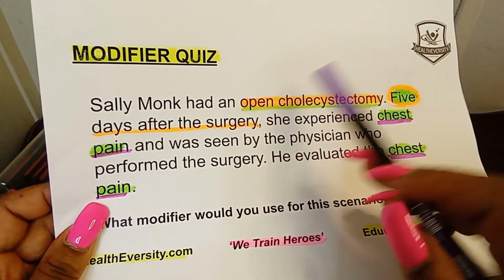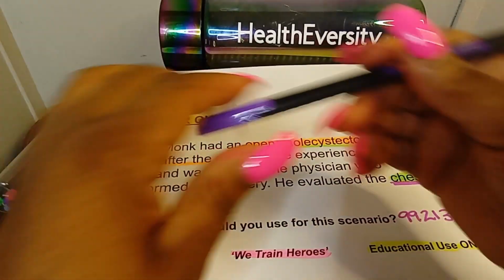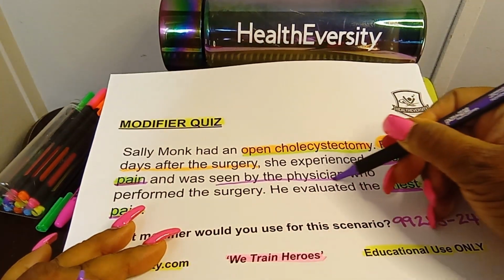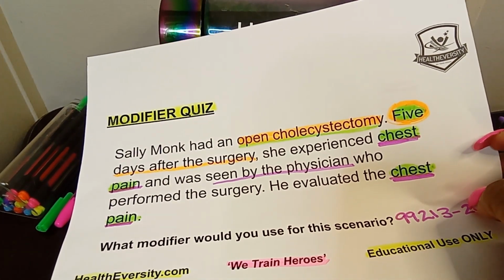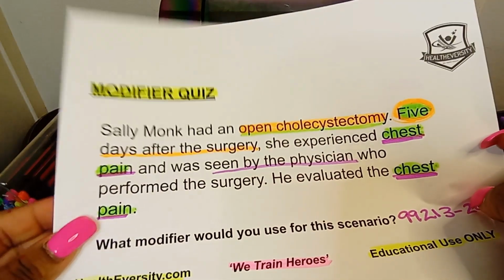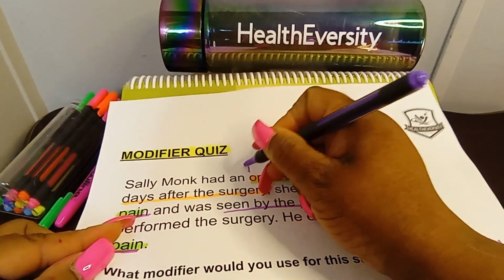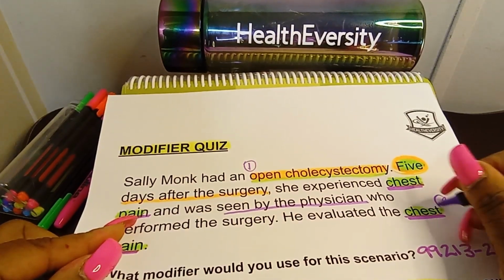So you have one procedure, but she was seen by the same physician who performed the surgery. This is procedure 1, and this is the other thing, 2.